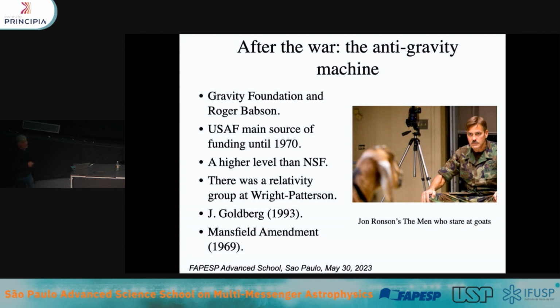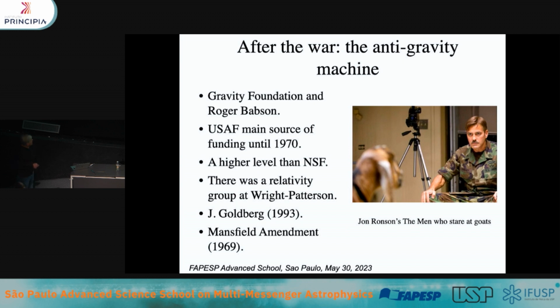And Richard Isaacson was also working at the Wright-Patterson Air Force lab, and was tremendously influential in arguing for the funding and building of the laser interferometer in the United States.